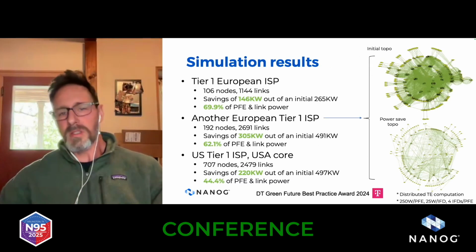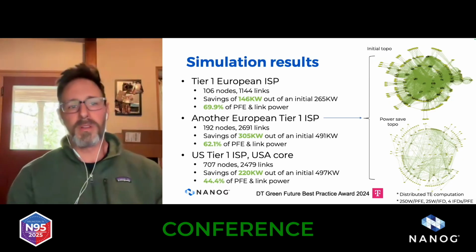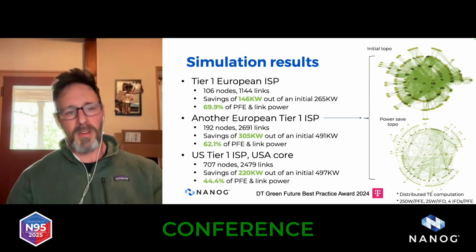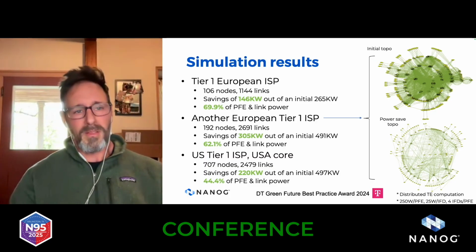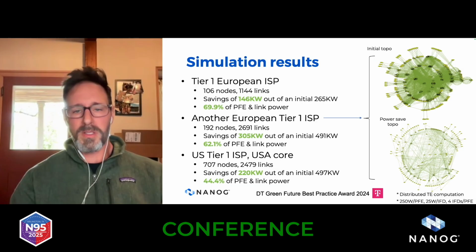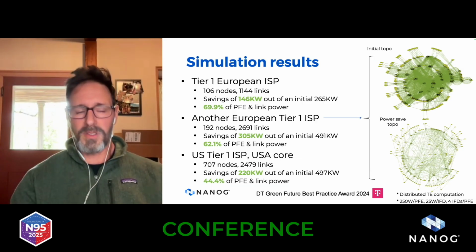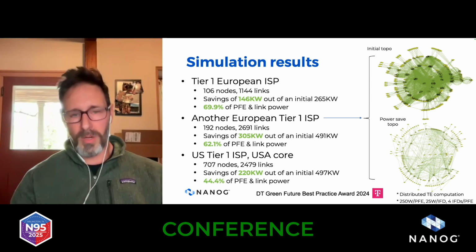We've done some simulations using real network topologies. I've depicted 3 of them here. They aren't massive networks, but they are large enough to, I think, provide a decent representation of the scope of the problem that we're dealing with.